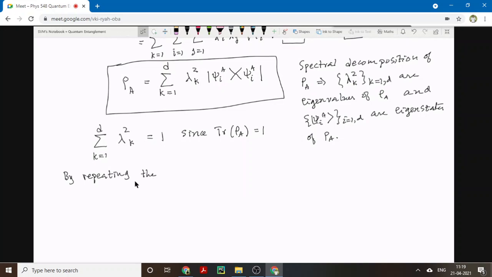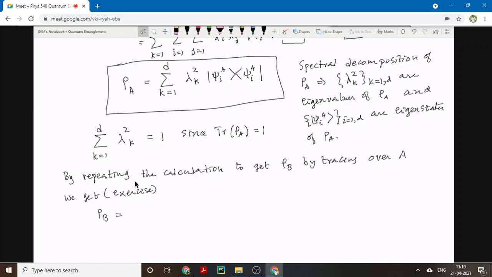By repeating this calculation to get rho B by tracing over A, I will leave it as an exercise.